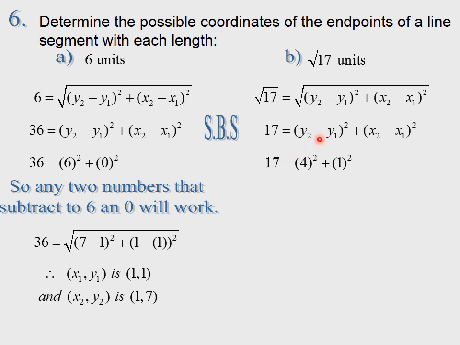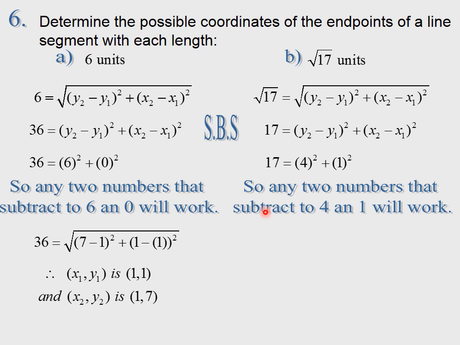Now I have to come up with 2 things in the bracket that will give me 17 when they're squared. So 4 squared is 16 plus 1 squared is 1, so that's 17. So those 2 work. So that's the thinking part there, a little bit of guess and check to come up with 2 numbers. You may have come up with some different things, but that seems to be easiest. Okay, so any 2 numbers.